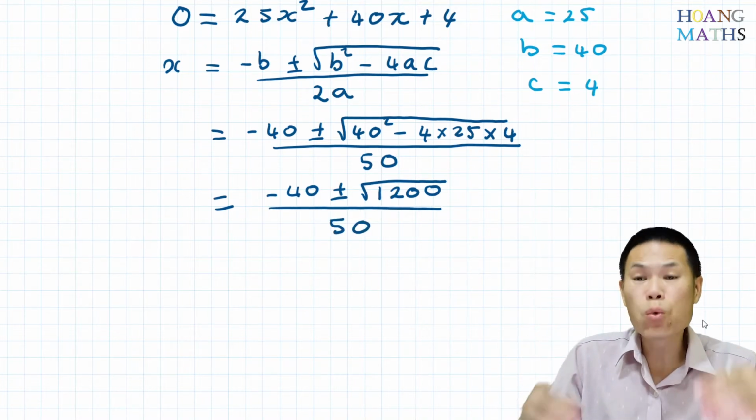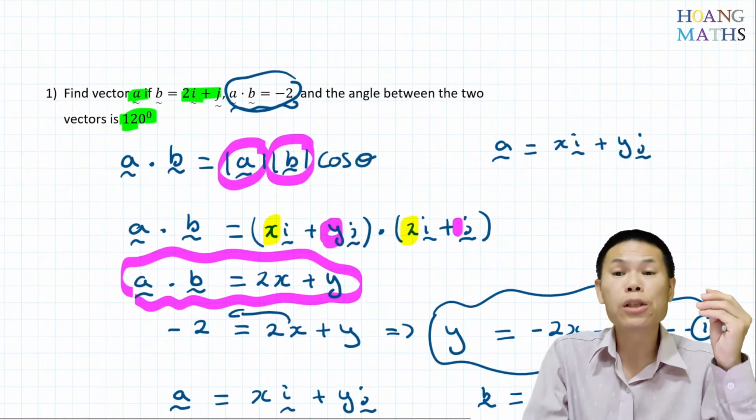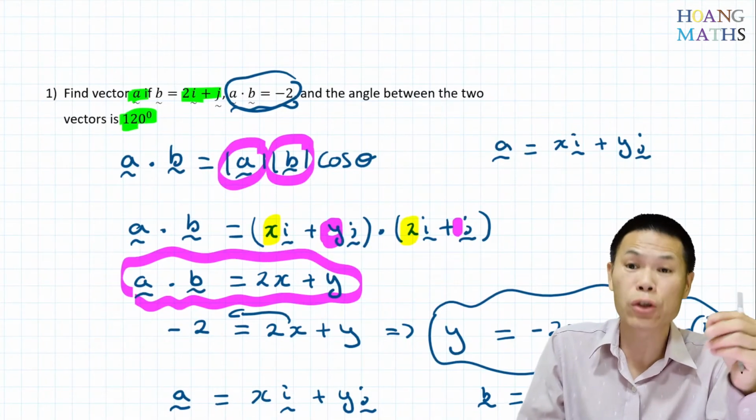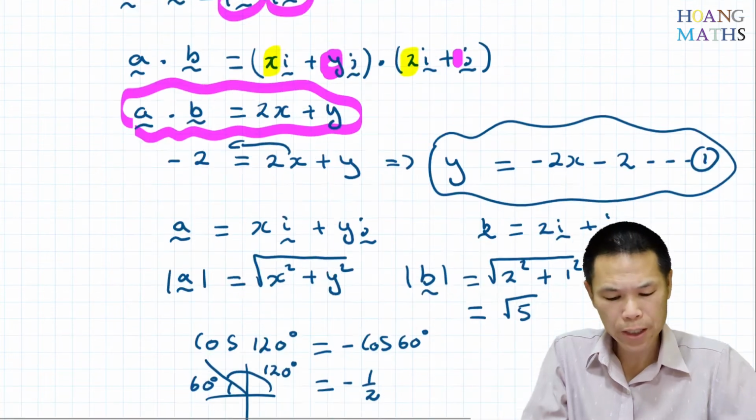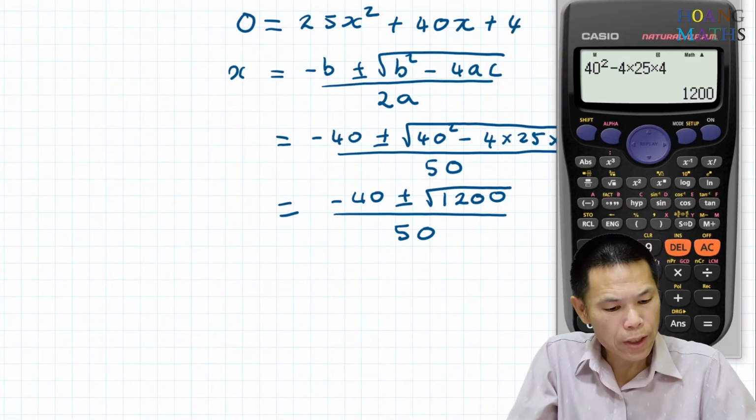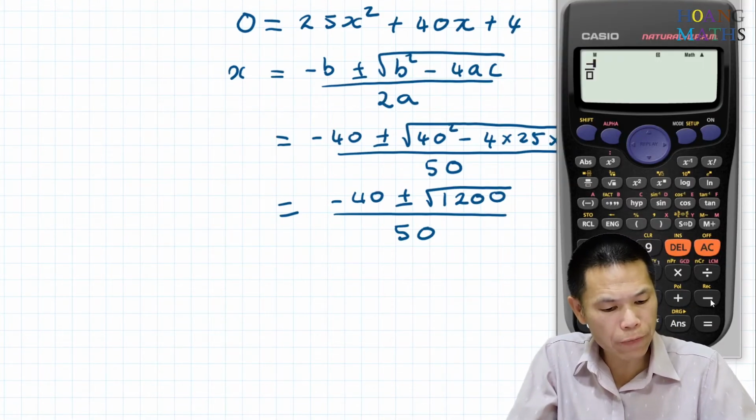So now we just work it out, okay? But the question did not specify how many decimal places, so just make it 2 first, okay? So I just go fractions, negative 40 minus the square root of the answer, and go down 50.